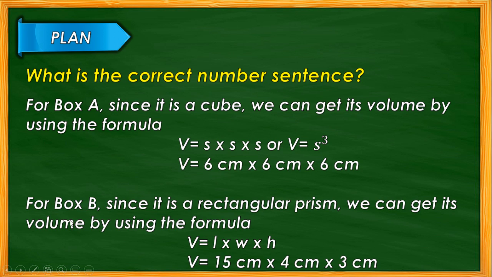Volume of a cube is side times side times side, or V equals s cubed. So the number sentence is 6 times 6 times 6 centimeter. For letter B, since it's a rectangular prism, we can get its volume by using the formula V equals length times width times height. So the number sentence is V equals 15 centimeter times 4 centimeter times 3 centimeter.